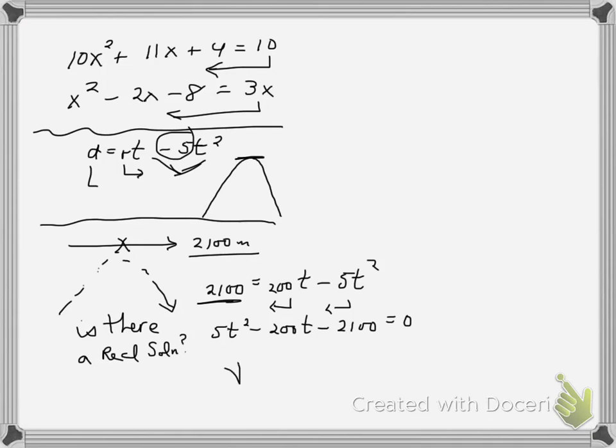Use the discriminant. b squared would be 200 squared. The negative, of course, negative times the negative would be a positive, minus 4 times a times c.